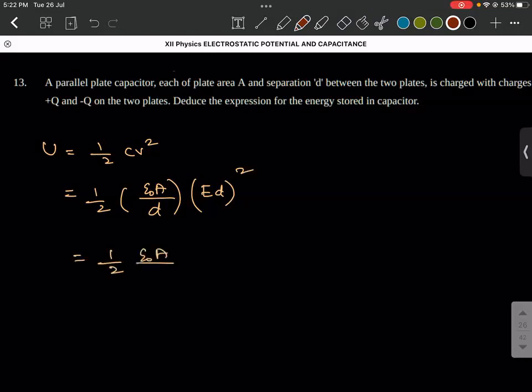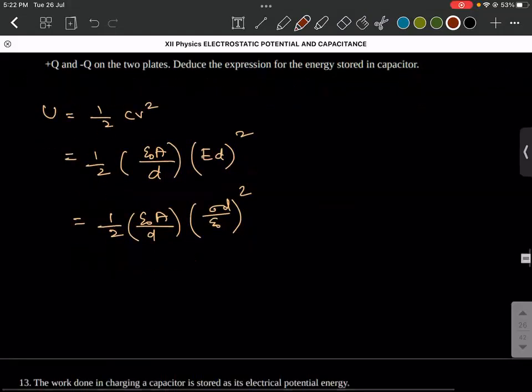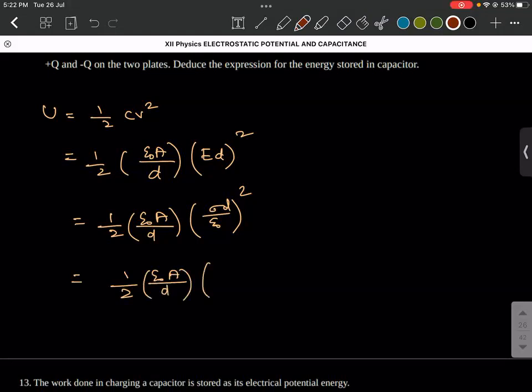So half into epsilon naught A divided by D into, what is the electric field between the plates of the capacitor? Sigma by epsilon naught, and you have a D already, squared. But what is sigma? Q by A. So half into epsilon naught A divided by D into Q by A into D square.